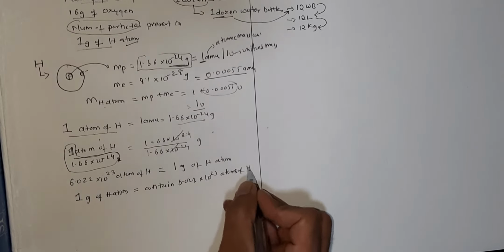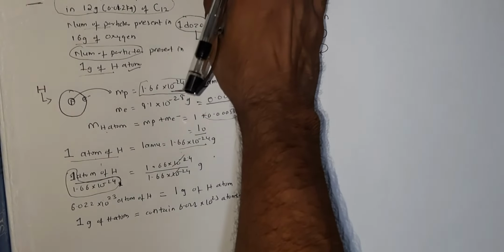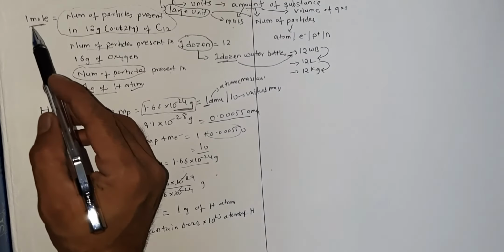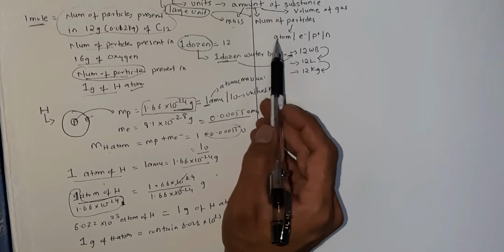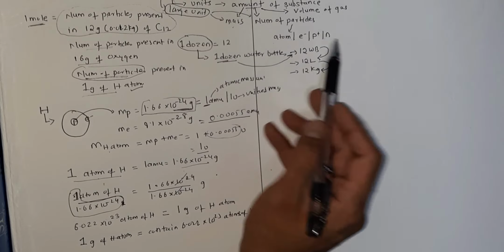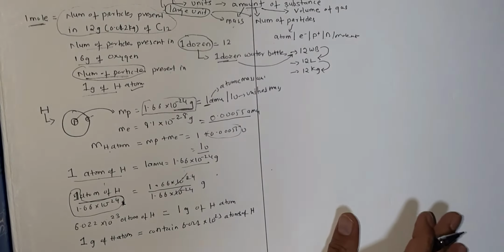atoms of hydrogen. So by definition, what is 1 mole? 1 mole is nothing but a number of particles. Particles can be atom, electron, proton, neutron, molecule, anything which has mass.